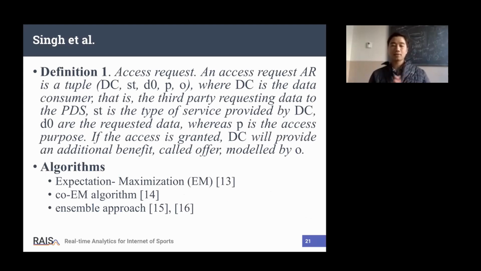So to do this, the authors define a tuple with 5 different elements. This is the data type, which means the service provider, and SDE the type of the service, for example, sport, healthcare, social network, whatever. These are the requested data. Maybe it includes personal data or not, depending on the service provider. After that, the purpose, whatever the purpose, maybe for your health insurance, for your training, many things.